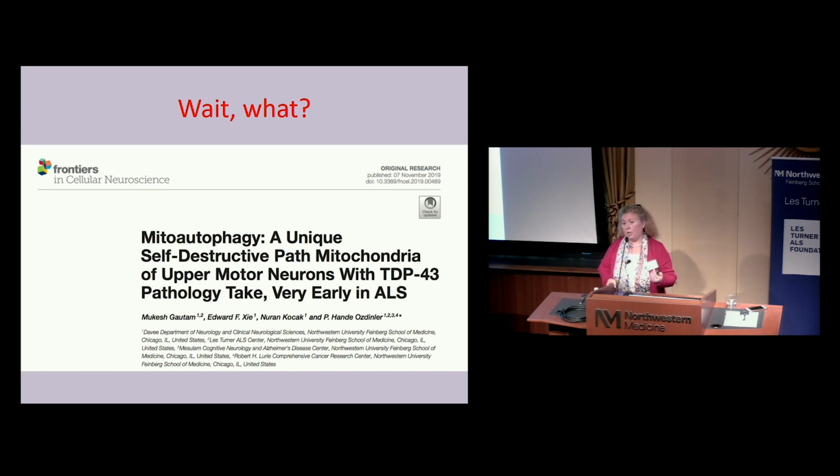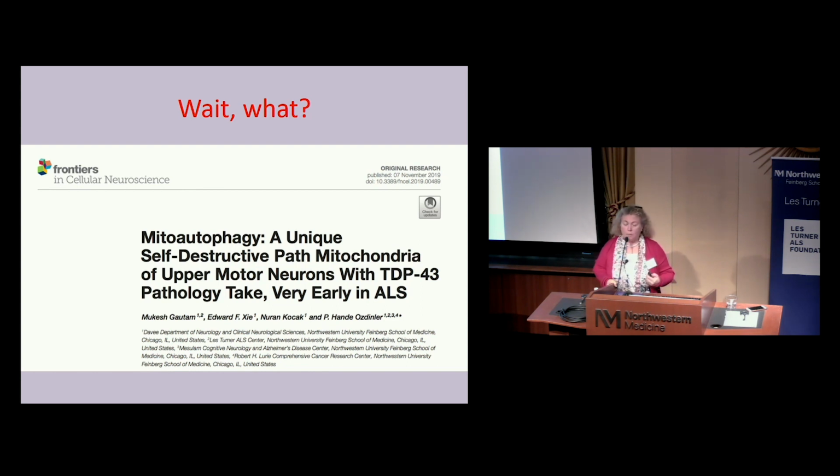that happens early, or that we think happens early, again, in relation to TDP pathology. And I said, wait, what? Because, again, this is Dr. Gautam's work. We recently made a discovery so unique that we had to come up with a new name, because there was no name in the scientific literature to explain what we have observed.